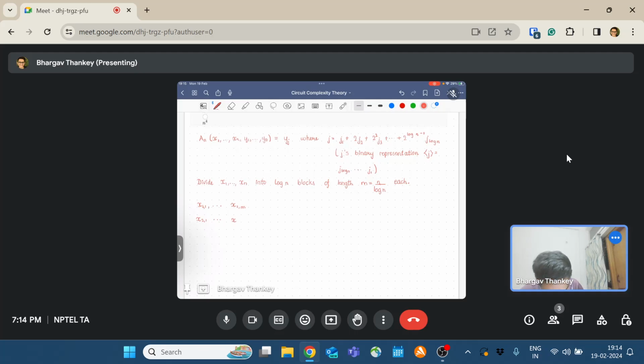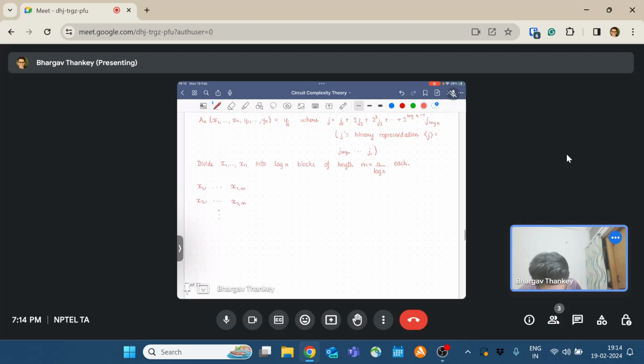Let me create some space. Okay, so I've divided x into log n many blocks, and then what I'm going to do is XOR them.